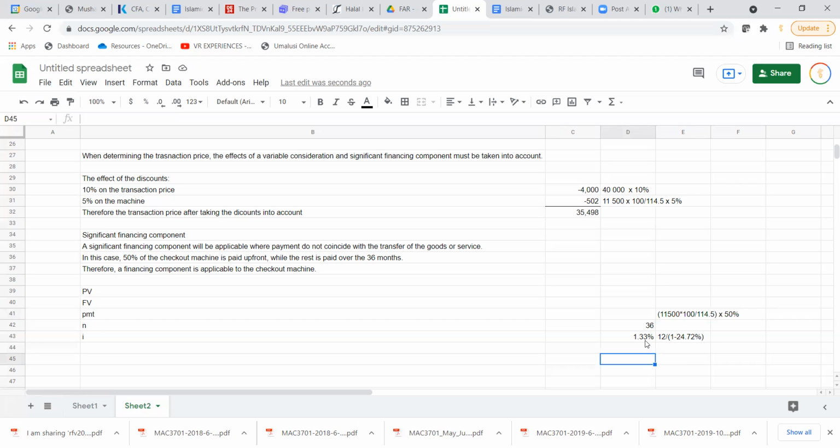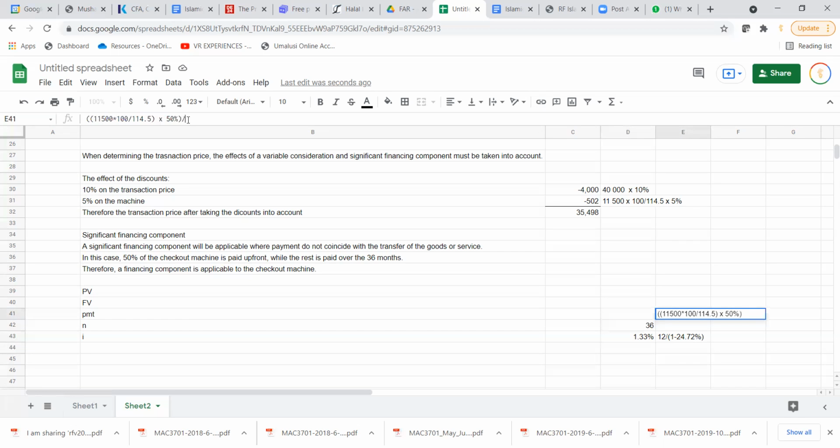As you can see, I is a monthly rate and N refers to months, so PMT must also be monthly. That's very important: I, N, and PMT must be in the same period. So I must work out the payment per month.